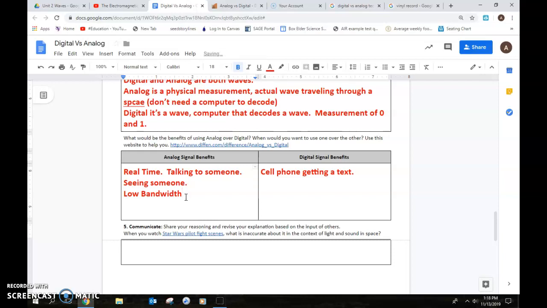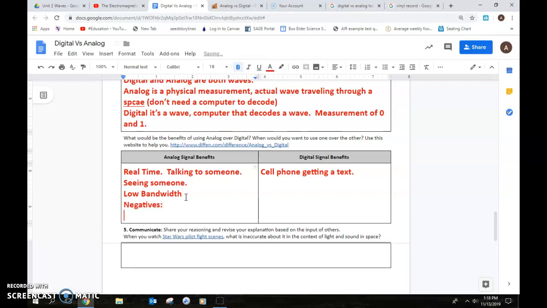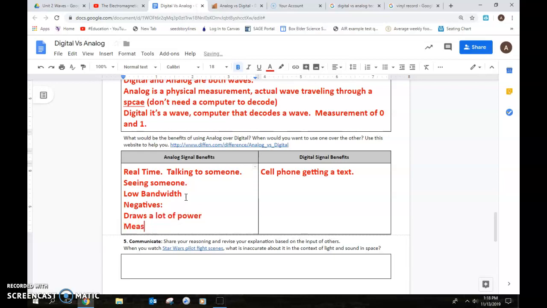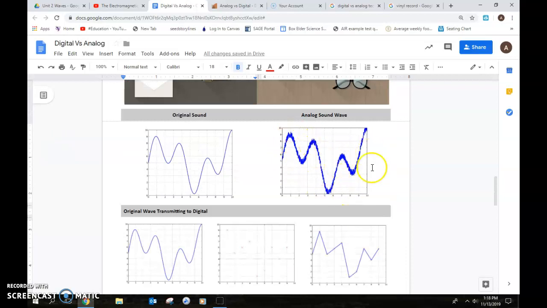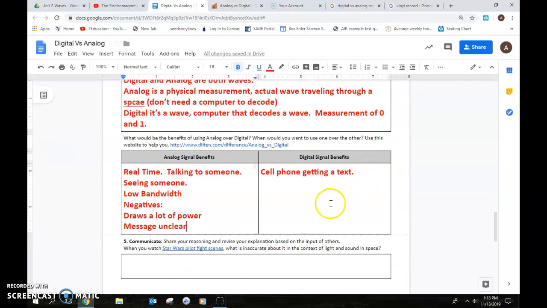But the negatives about it is that it draws a lot of power and the message is unclear. So you can have a lot of mistakes because the wave gets kind of bumpy like this, and so you can't hear it all. It gets distorted.